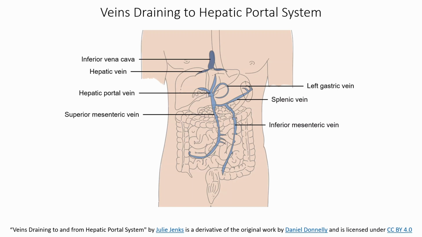Again, the hepatic portal vein is collecting all this blood from the digestive system. So when we absorb nutrients, water, all that kind of stuff, we can use the liver to store and filter it before it gets passed off to the rest of the body.